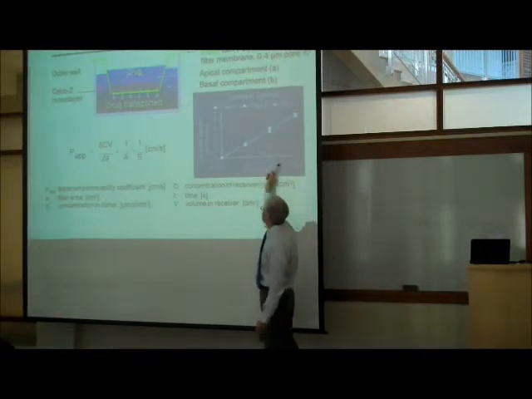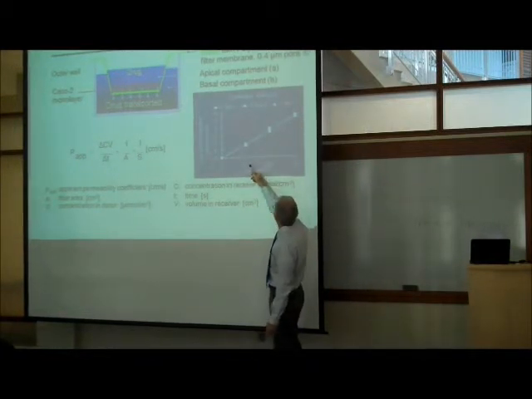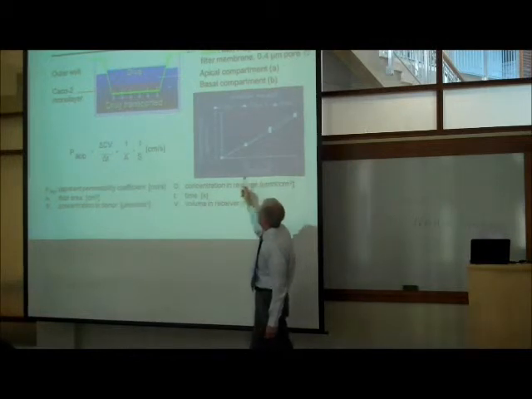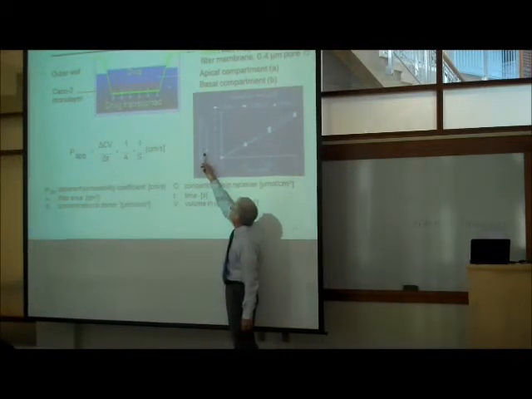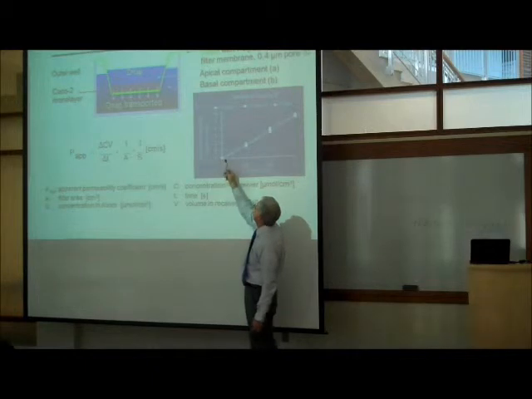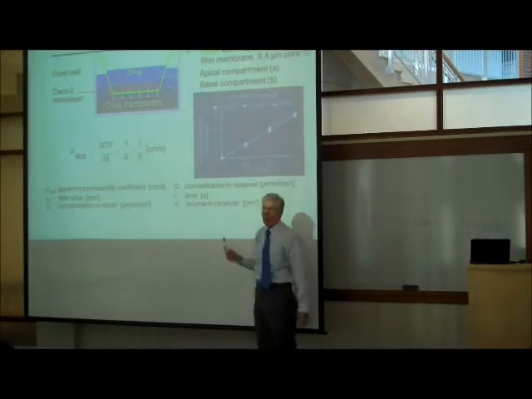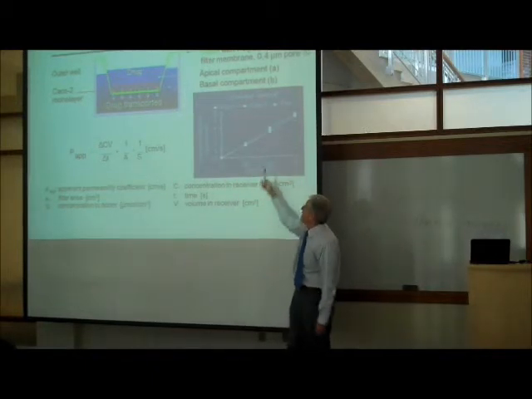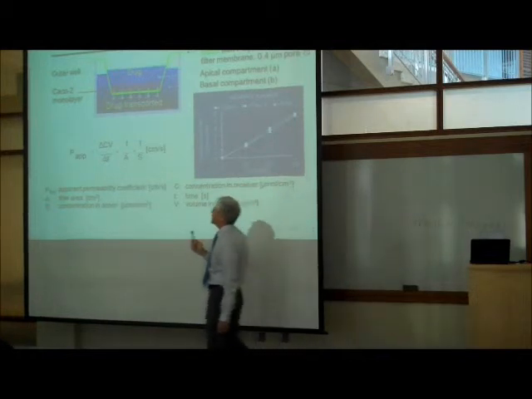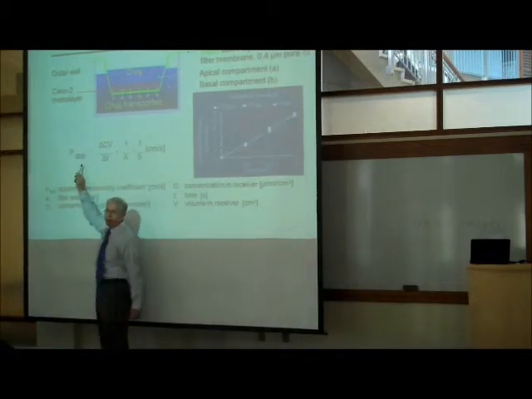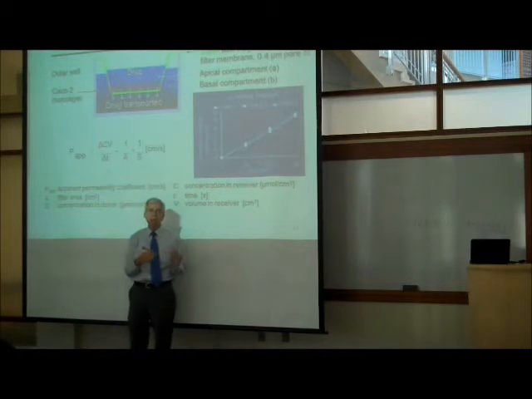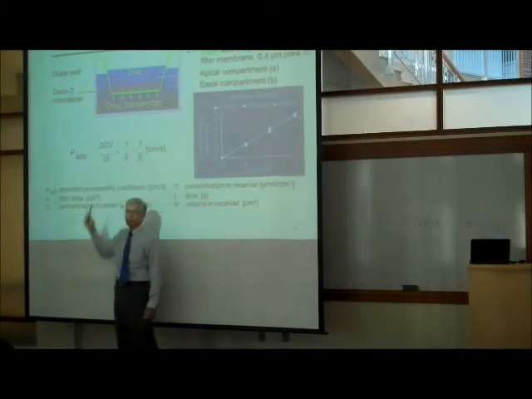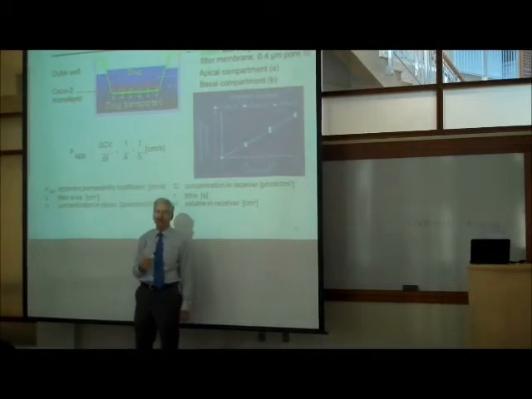And so we plot out something like this. We're looking at time up to 1.5 hours or 2 hours, and we're measuring the accumulation of the compound over time in the well. And then what we do is we take these data and we can actually calculate a permeability coefficient that's unique for each compound by using a variation of Fick's law of diffusion.